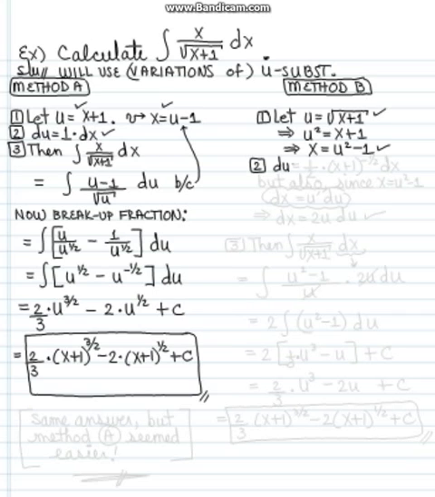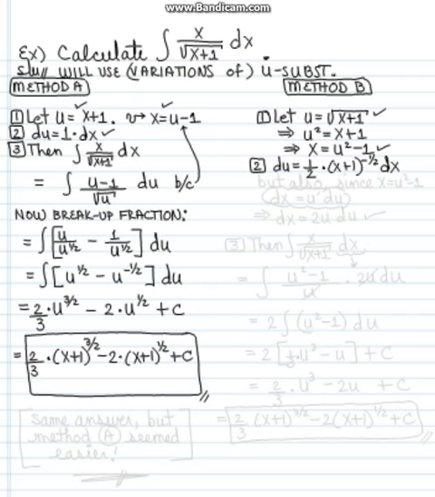Step 2, du equals 1/2 (x plus 1) to the negative 1/2 dx. Wait a minute, why is that true? By the definition of differential, du is equal to u prime dx, where u prime is the derivative of u with respect to x. So if I could say it this way, du is equal to du/dx times dx.